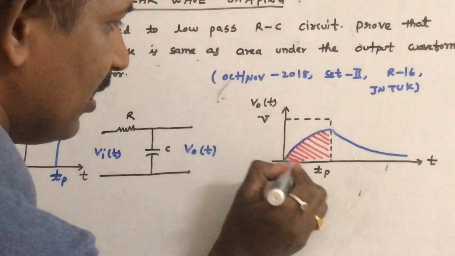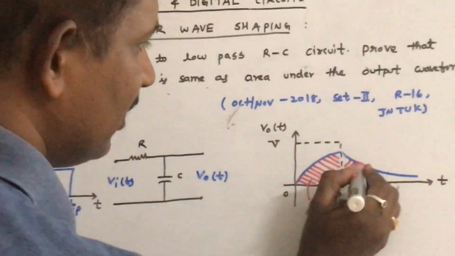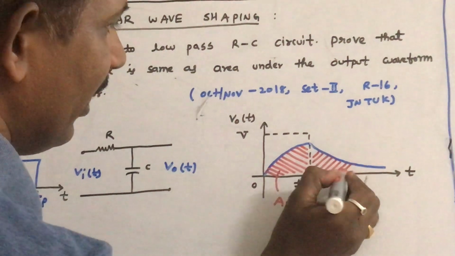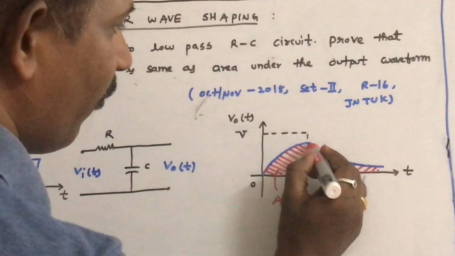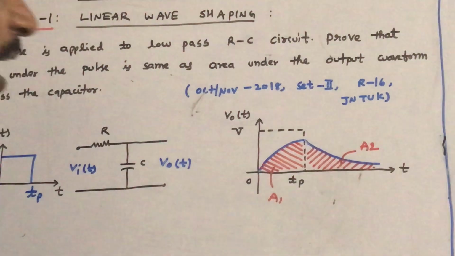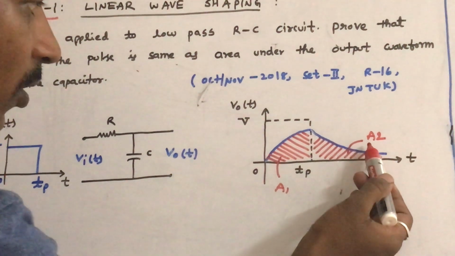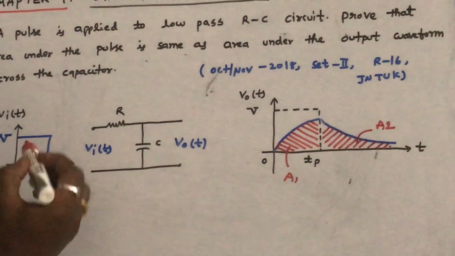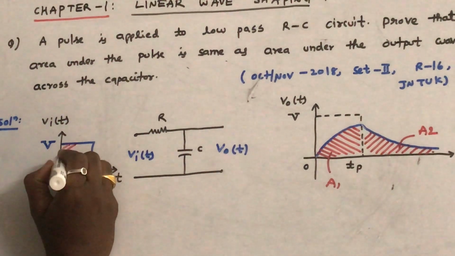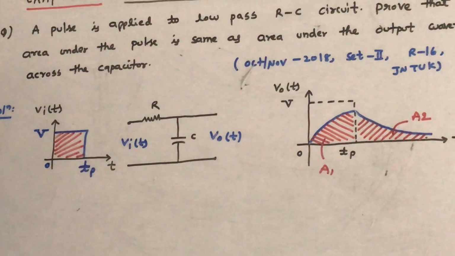Let us call this area A1, and from this dotted line to the right side, call this area A2. The total area is A1 plus A2, and we have to prove that both the areas are the same. So that is our objective.